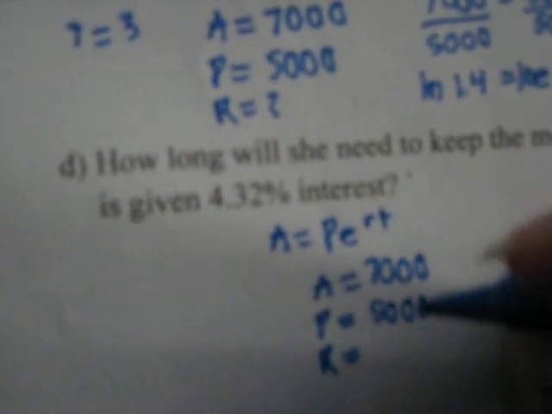Now we know that the rate is 4.32%, but we have to turn it into a decimal, so it's 0.0432, and we don't know what time is.